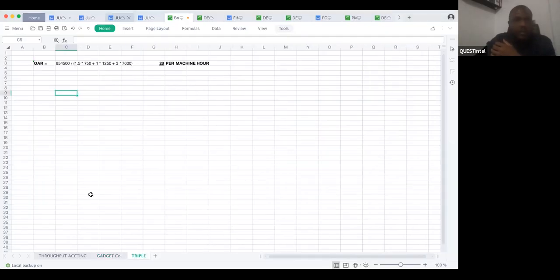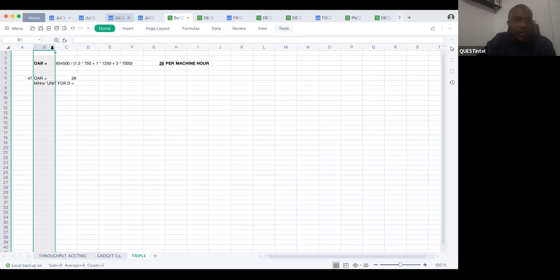Okay, so we can just come here and say number 47. So the overhead absorption rate, like we said, is equal to 28 per machine hour. Machine hours per unit for product D is equal to, what's our machine hours per unit? 1.5.